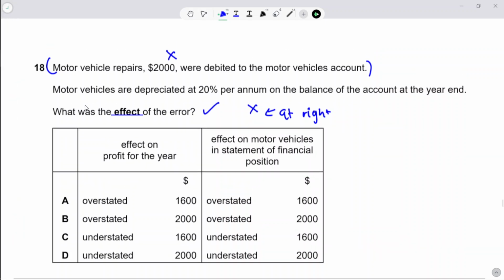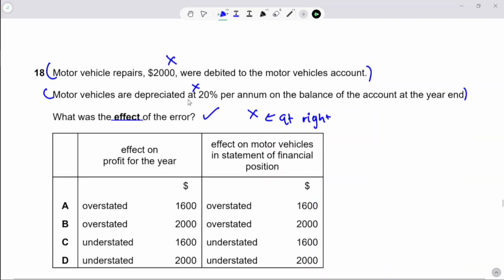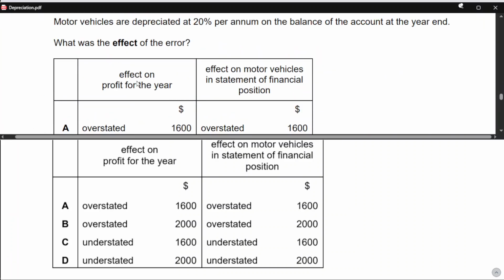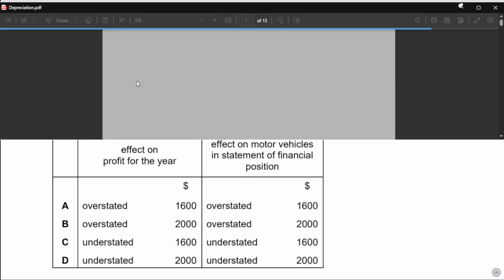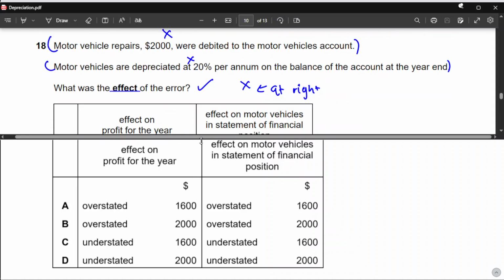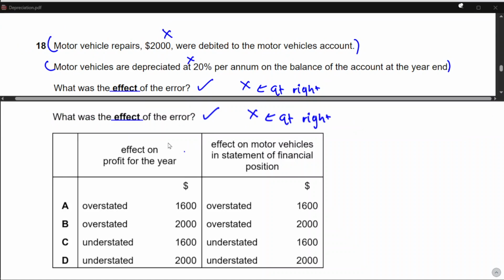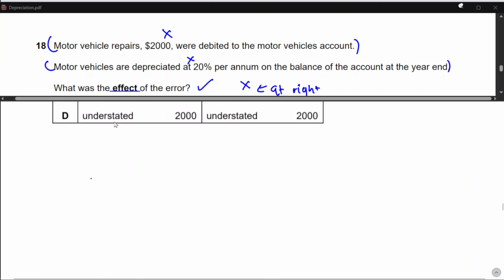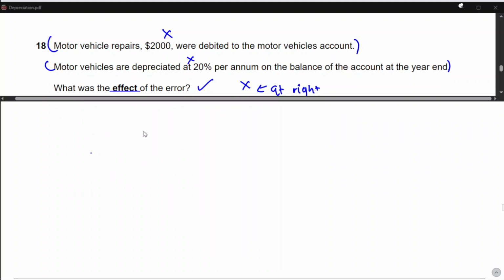This one also the arrow. So yeah, cross at right.